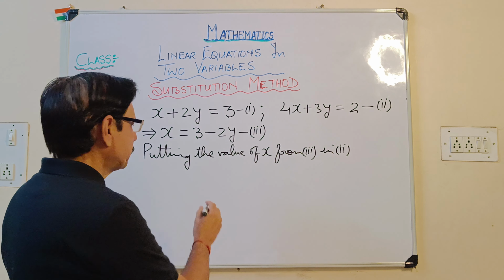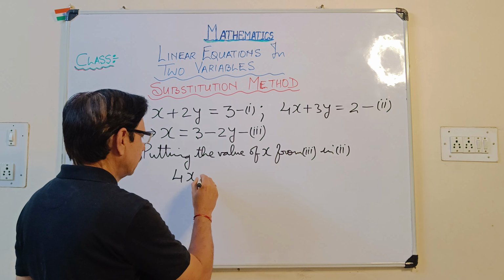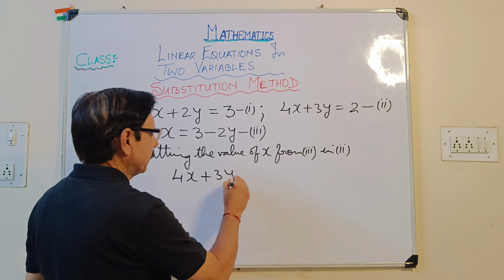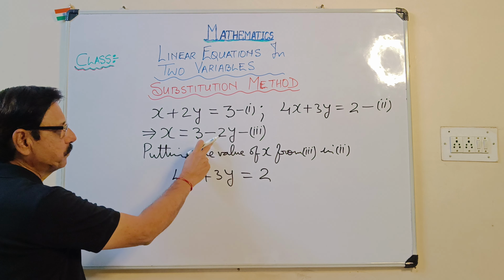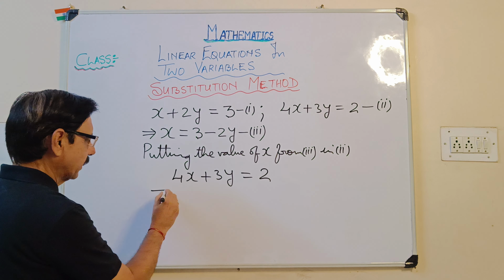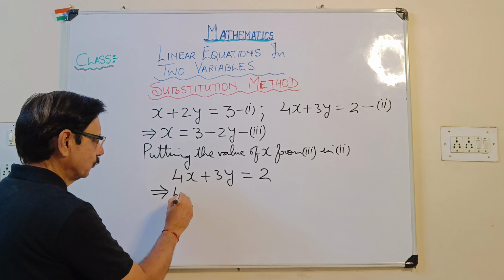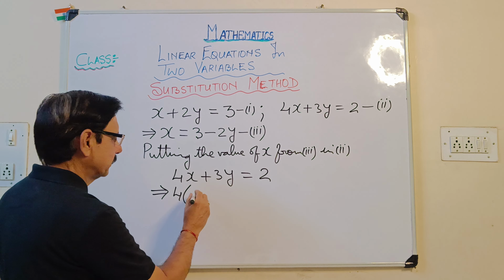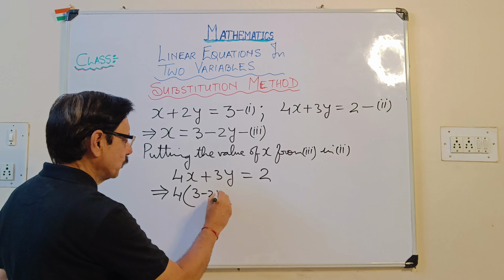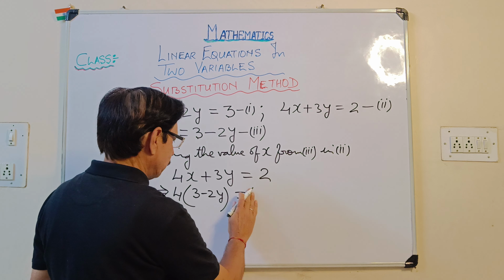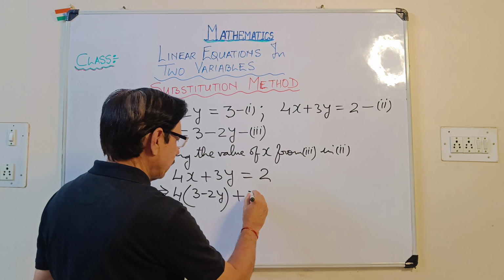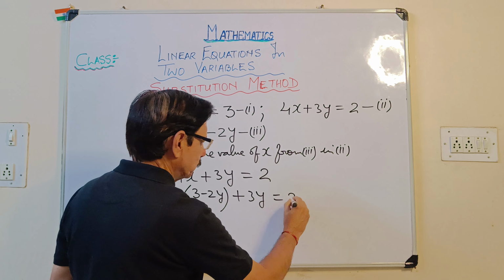Now what is your second equation? 4x plus 3y is equal to 2. Now in place of x we can put the value 3 minus 2y, which implies that 4 multiplied by (3 minus 2y) plus 3y is equal to 2.